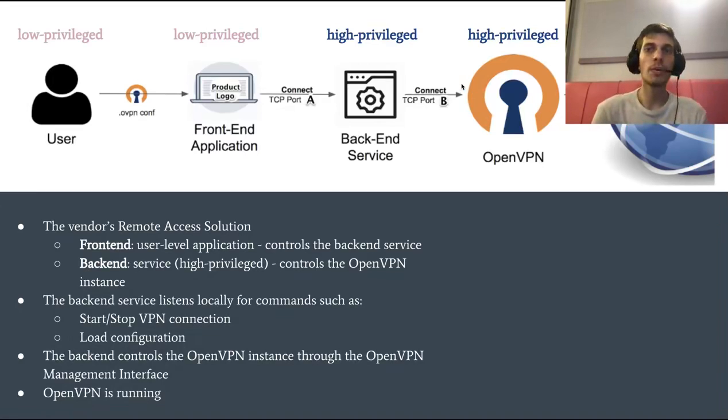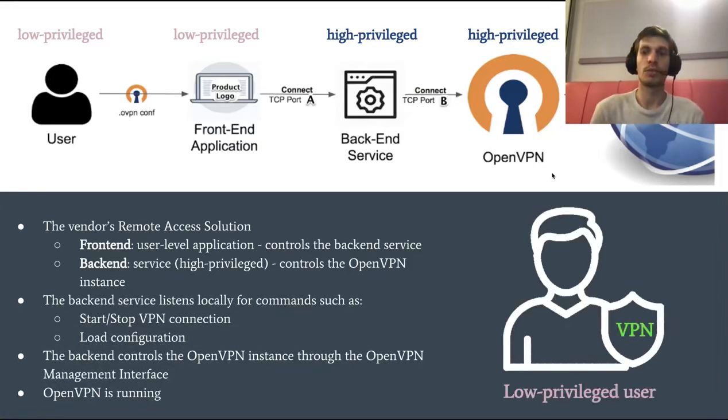Now we have this backend service, which runs with high privileges. Since it is the one that starts the OpenVPN process, it can control it using the management interface. And that's why and how a low privileged user can start the entire chain, just because of this cool feature that allows OpenVPN to wait for commands.